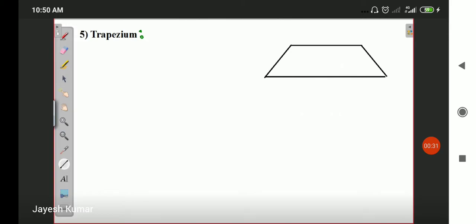This is a kind of trapezium. Let me name this A, B, C, D. So what is a trapezium?